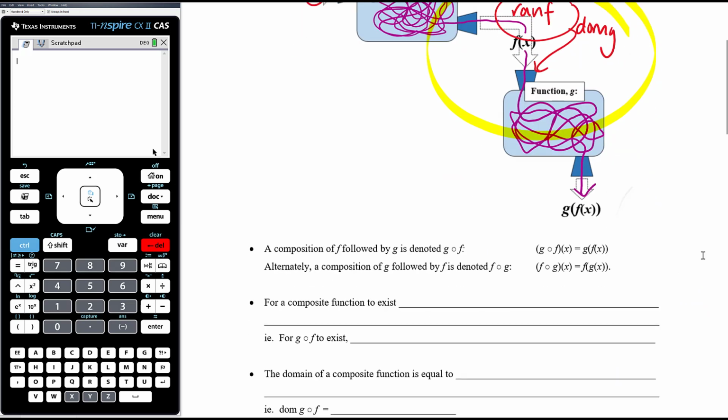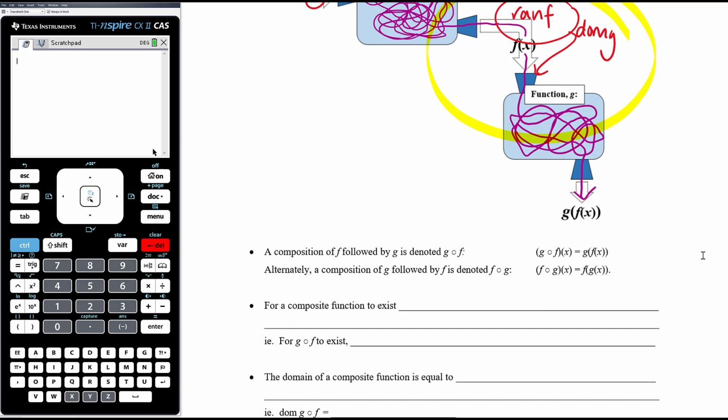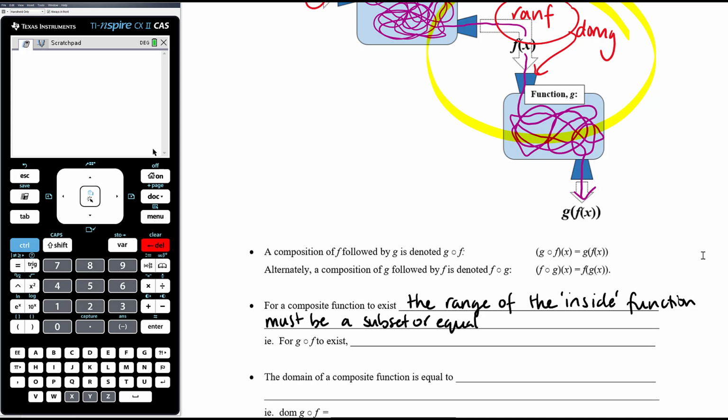So for a composition to exist, the range of the inside function, I use that term inside loosely, of the inside function must be a subset or equal to the domain of the outside function.